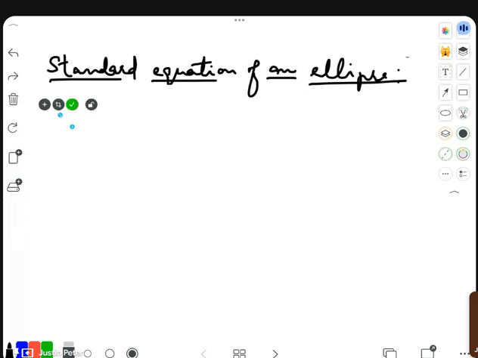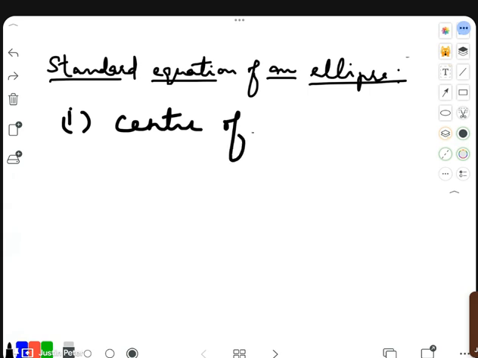So here we're going to consider a few things. First, the center of the ellipse is at the origin.